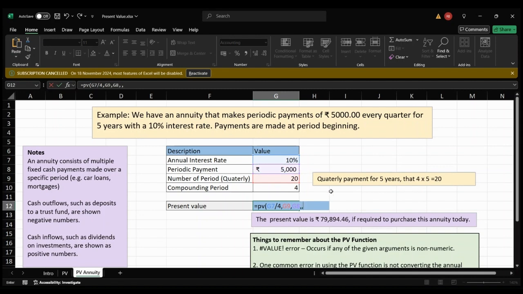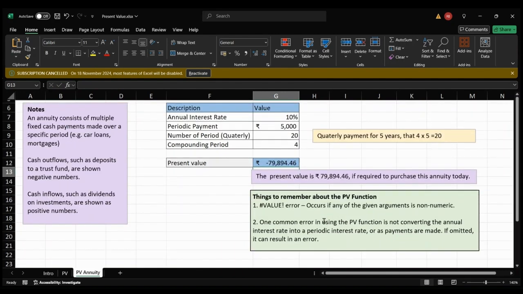Next is type. The payment is made at the period beginning, so we have to put 1. Okay, this is the present value we got. If required to purchase this annuity, we have to pay this present value.